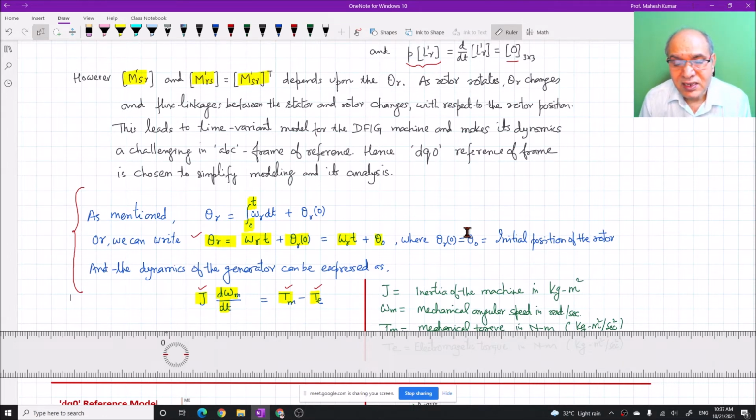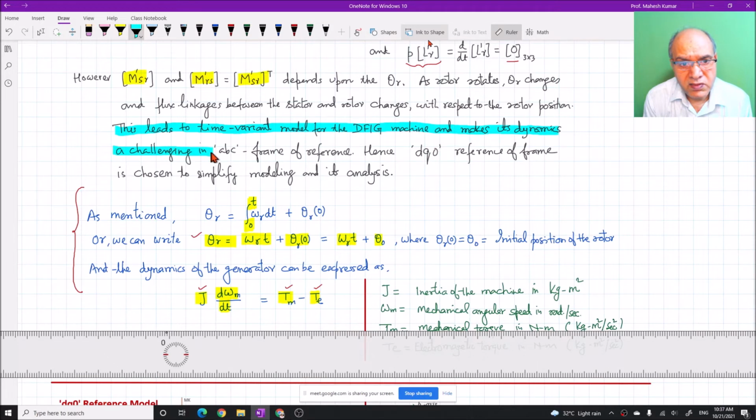So basically the ABC frame of reference model leads to a time variant model, which is very difficult to analyze because of its complexity. This makes the dynamics of the DFIG machine challenging in the ABC frame of reference.